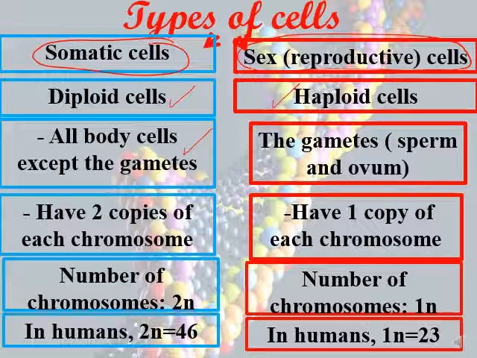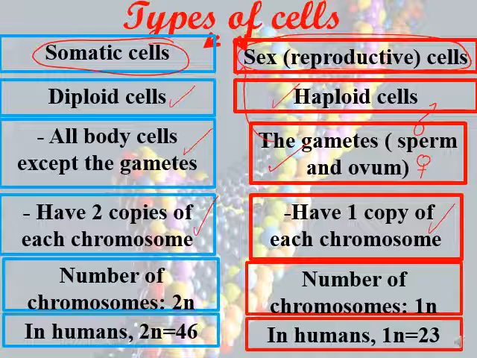Moving to the sex cells, the gametes. Gametes, like the sperm and the ovum, they are example about the sex cells. So the sex cells, they are gametes, the sperm and ovum. Sperm in male and ovum for sure in female. Somatic cells, they have 2 copies of each chromosome, whereas sex cells, they have only 1 copy.